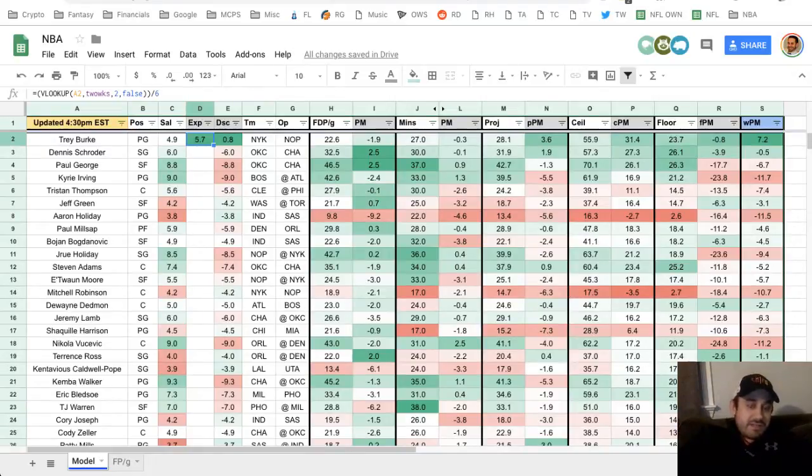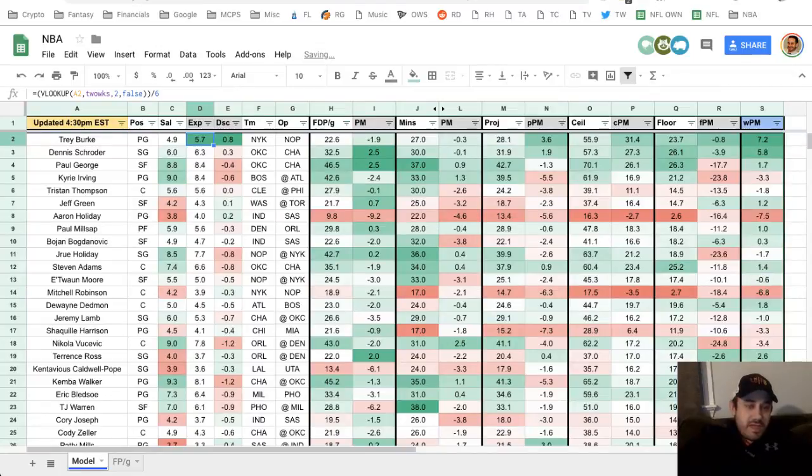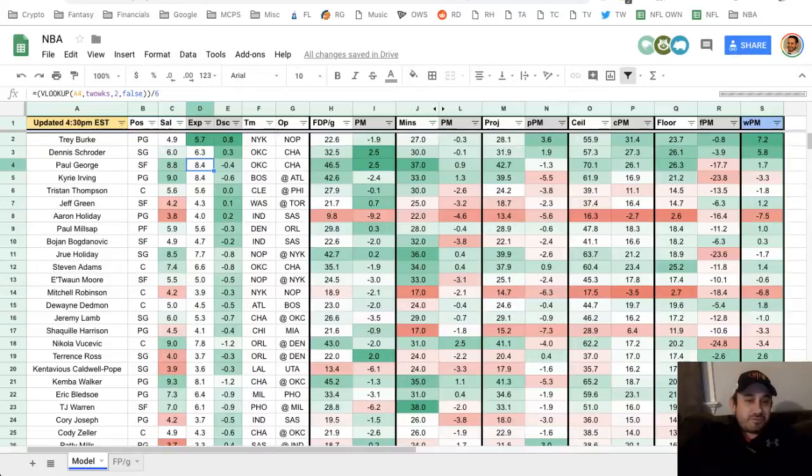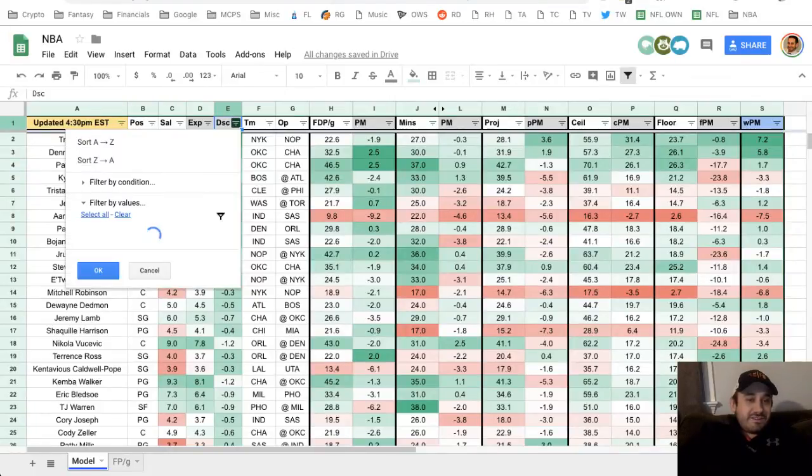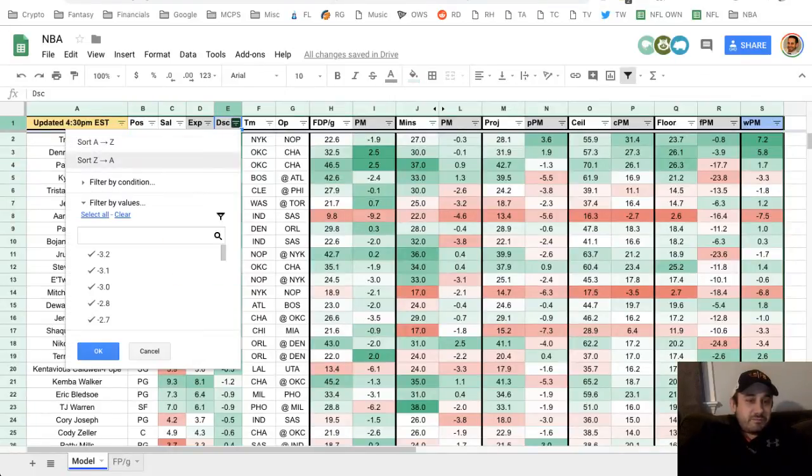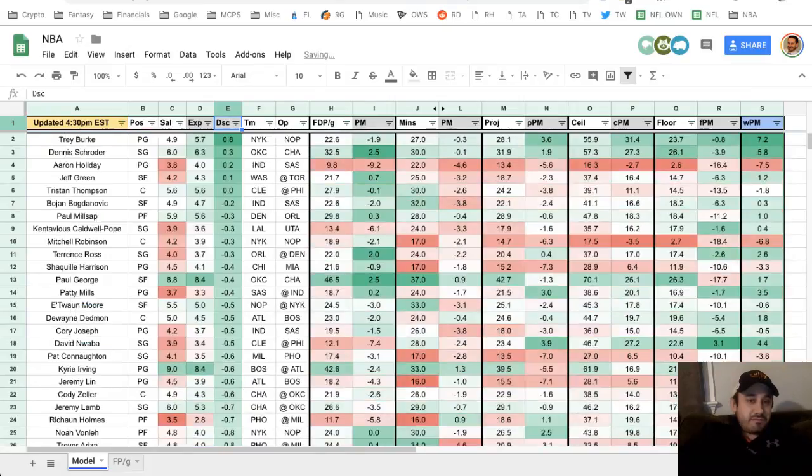Point is, we could do 6x, make that the constant, and as you can see here, there are really two guys that stand out as being underpriced, and we can sort by the discount. Well, actually, there's more than two.